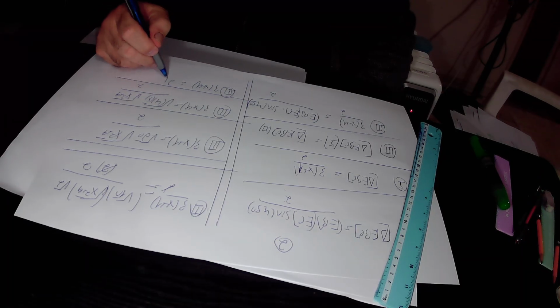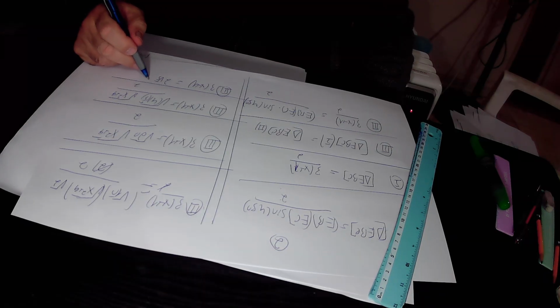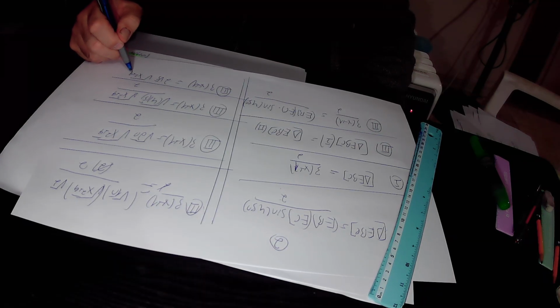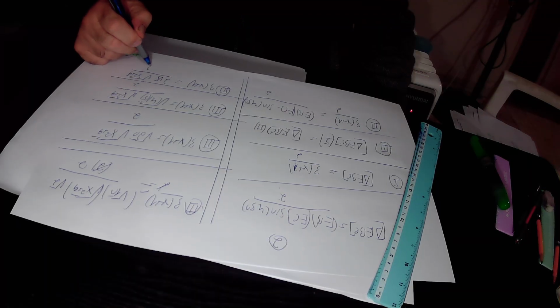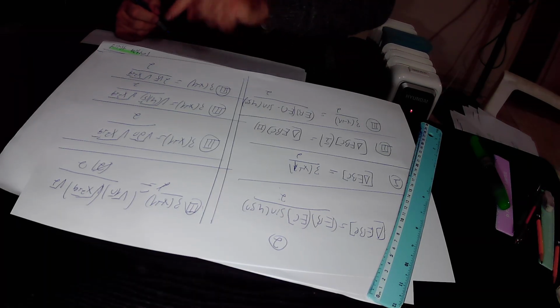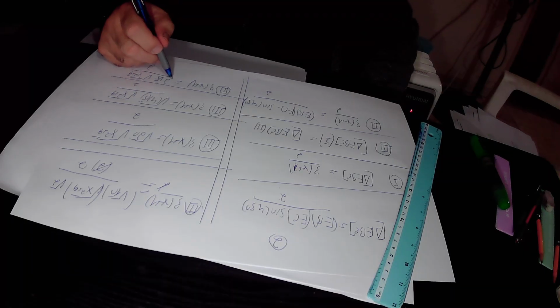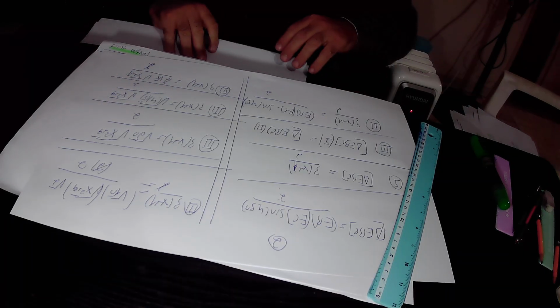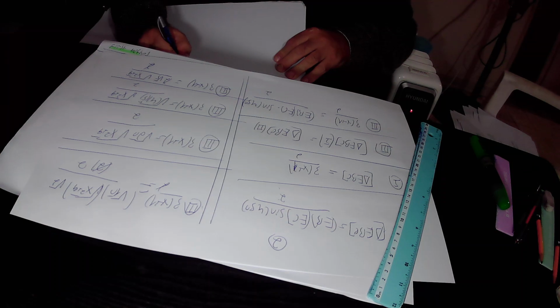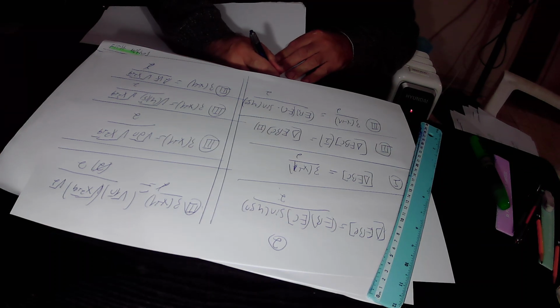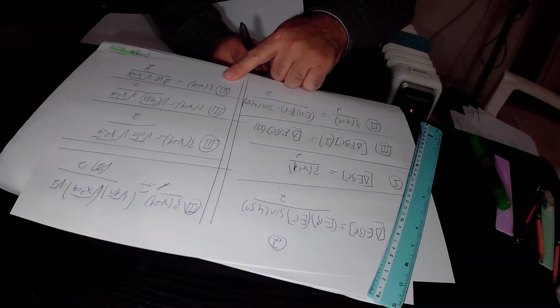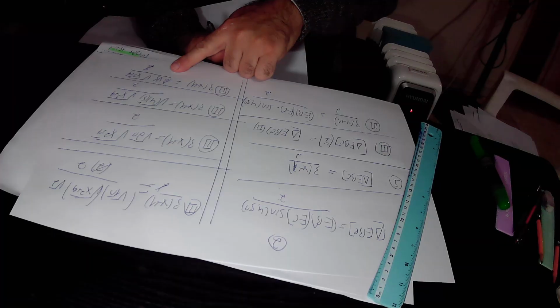So it is 2 times the square root of 5 times the square root of x squared plus 9 over 2. Here we have 2 in the numerator and 2 in the denominator, so 2 will get cancelled.